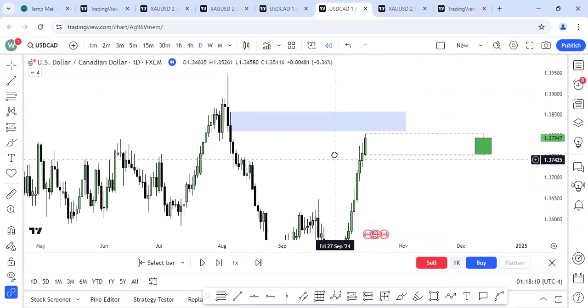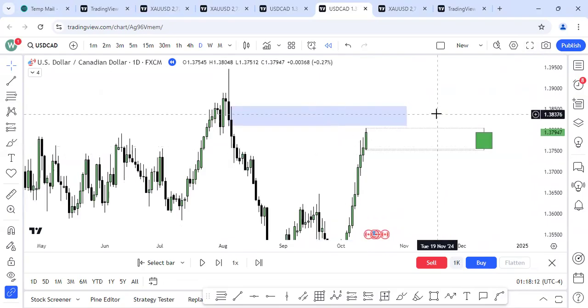As we know, in the paradigm of the market, the market switches from expansion to retraction, and then you can expect another expansion after a retraction. Sometimes you can also expect a consolidation.